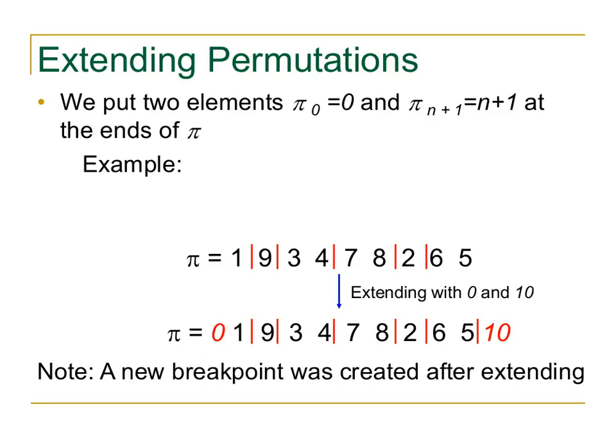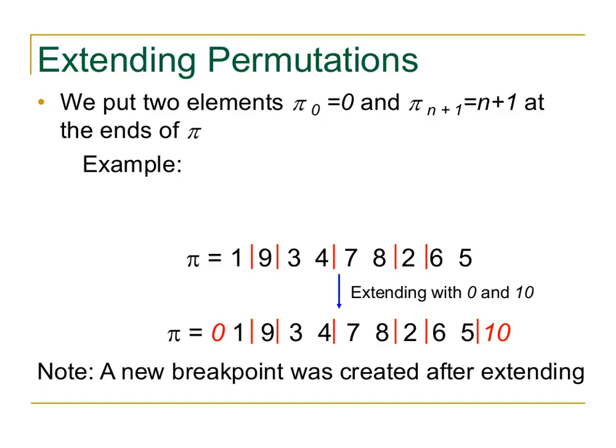Building on our discussion of breakpoints, we extend a permutation by adding two sentinel values, pi 0 equals 0 at the front and pi n+1 equals n plus 1 at the end. Let's see this in action with the permutation 1, 9, 3, 4, 7, 8, 2, 6, 5.